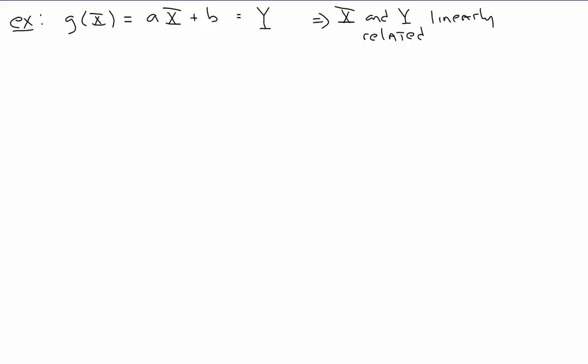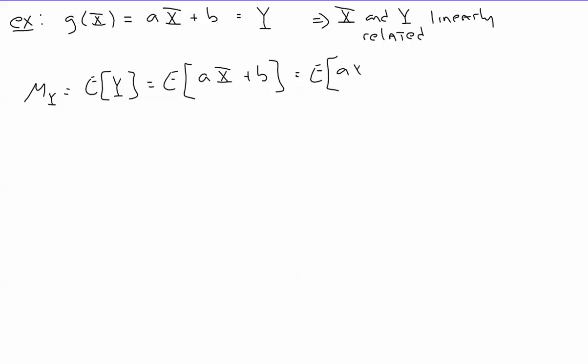And let's use our properties. The mean value of y, that's just the expected value of y. That's going to be the expected value of a x plus b. Using our properties, this is going to be the expected value of a x plus the expected value of b.